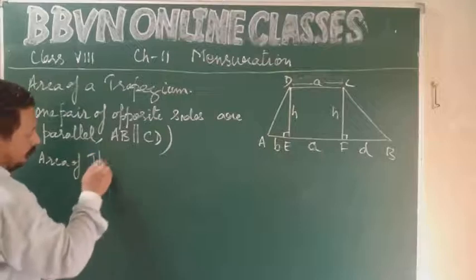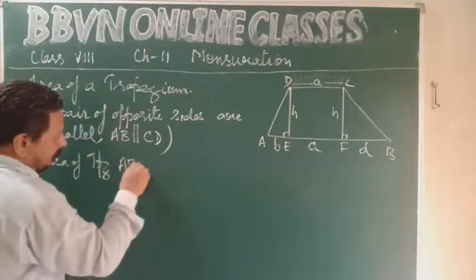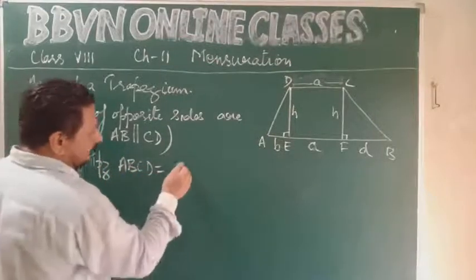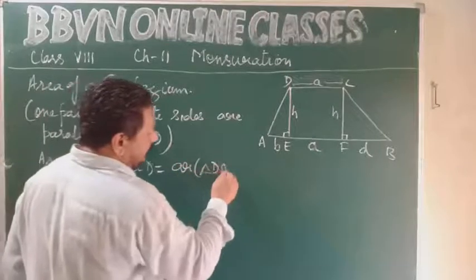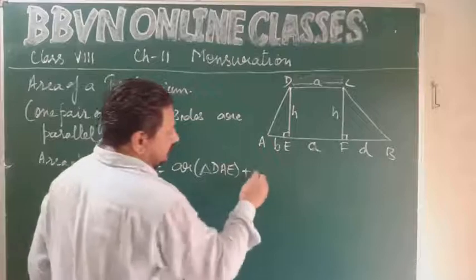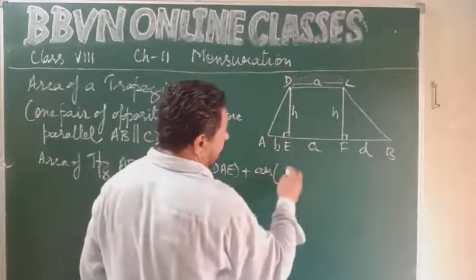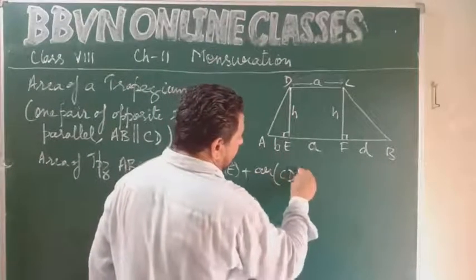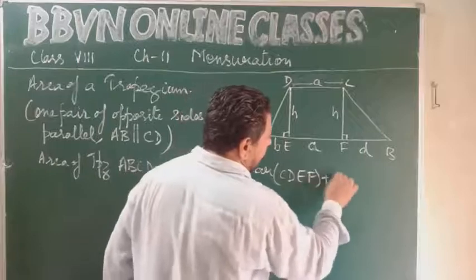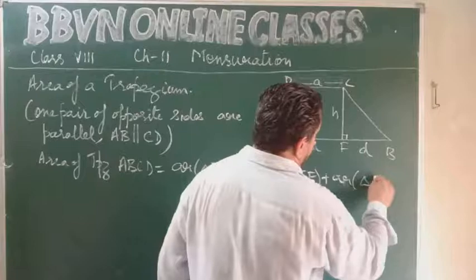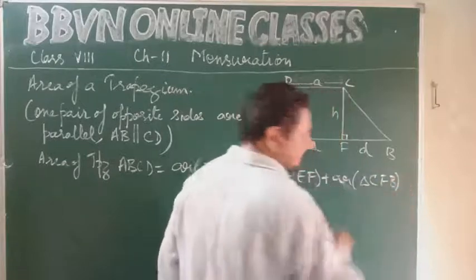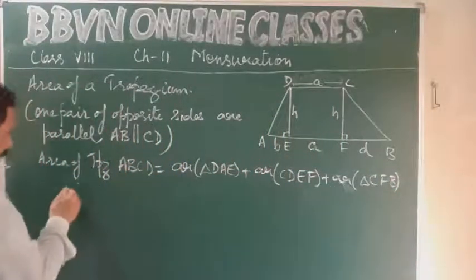Area of trapezium ABCD is equal to area of triangle DAE plus area of rectangle CDEF plus area of triangle CFB. Okay. Now let's substitute the values.